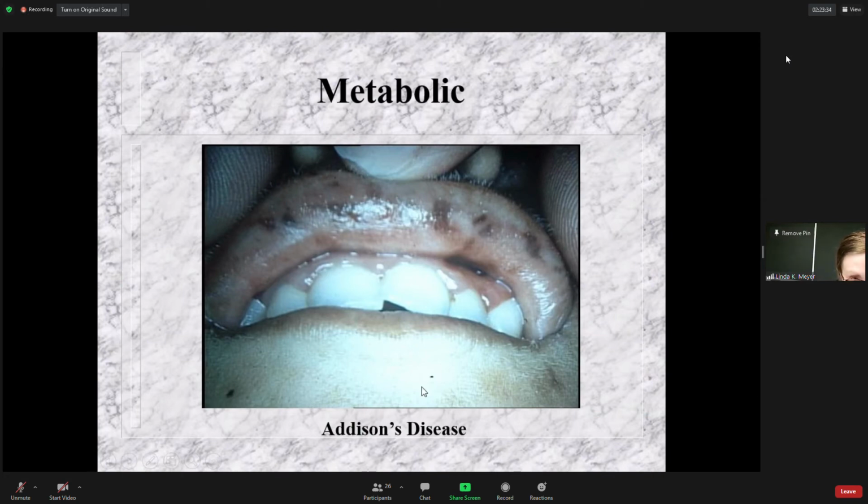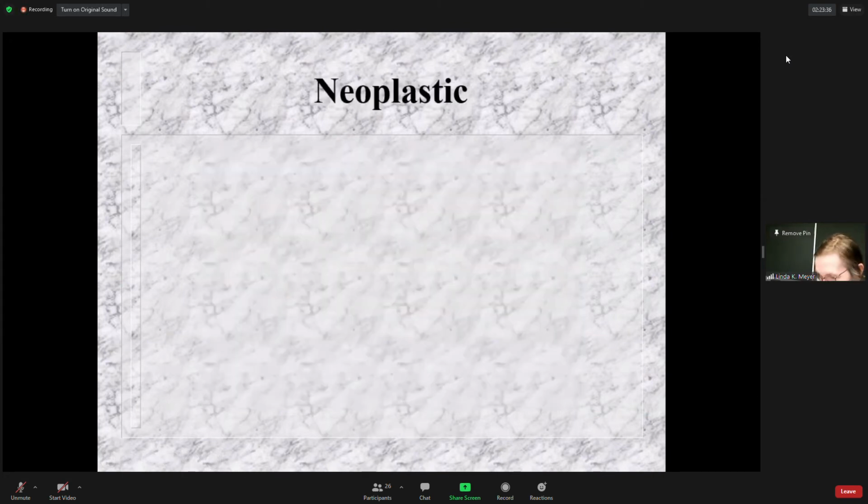Yep. Okay, neoplastic diseases. This is going to make up a very large section in our course. Neoplastic diseases are characterized by uncontrolled abnormal cell growth that leads to the formation of benign or malignant tumors.